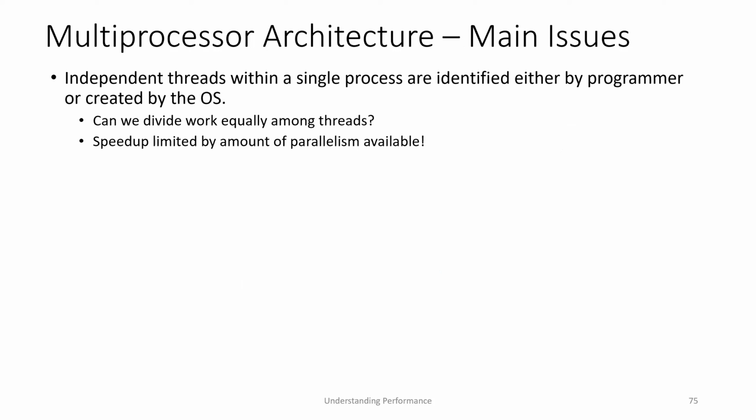There are some programs which are embarrassingly parallel, like matrix multiplication, convolution, etc. But there will be some applications which have limited parallelism. So our job as programmers is to at least expose the available parallelism to the hardware.